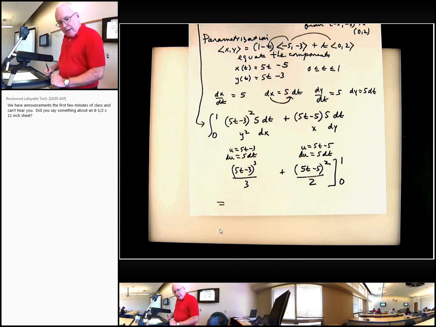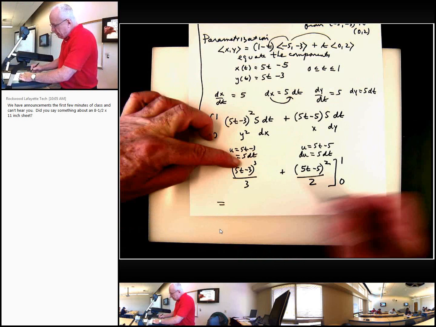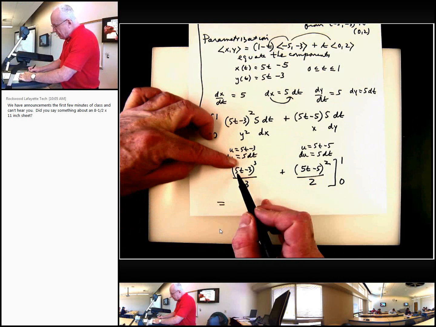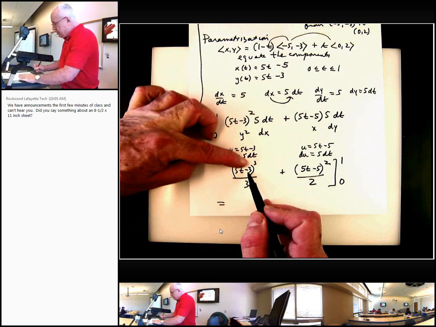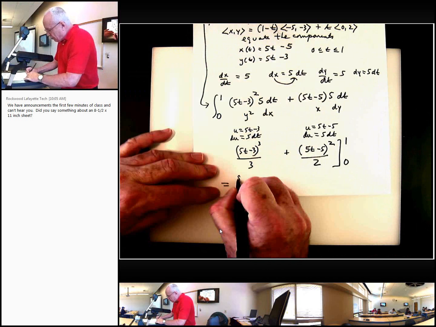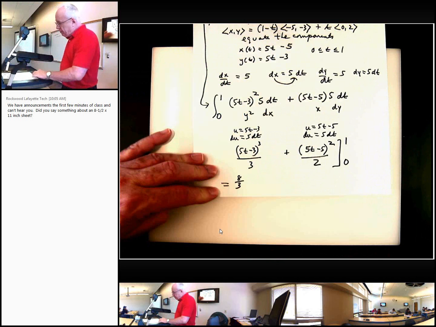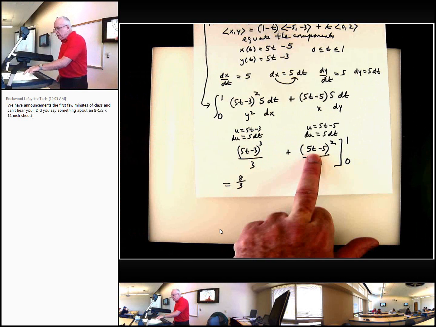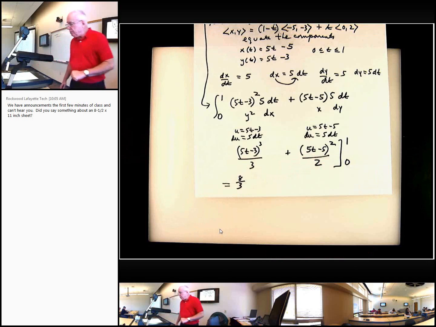Basically, plugging in the 1, we have 5 times 1 minus 3, so that's going to be a 2. So this is 2 to the third power, so that's 8 over 3. Then I plug in the 1 here, and I get 0. 5 minus 5 is 0.